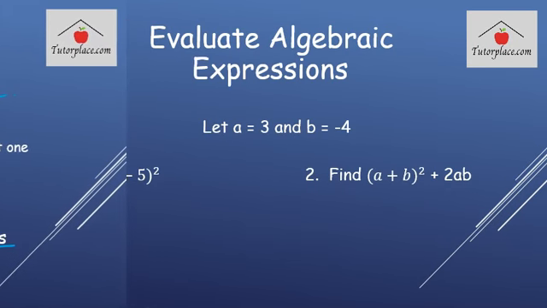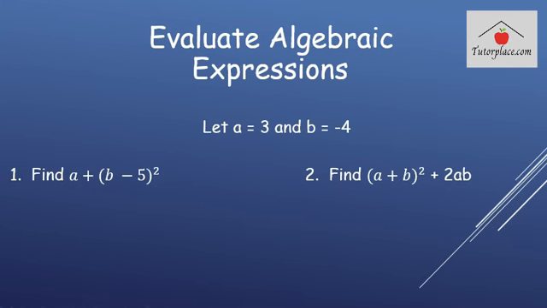So let's dive in there and begin to solve some problems and evaluate these algebraic expressions. For this problem, the directions say to let a equal 3 and b equal -4. So this is just simply a matter of plugging in or substituting in the value for that letter.